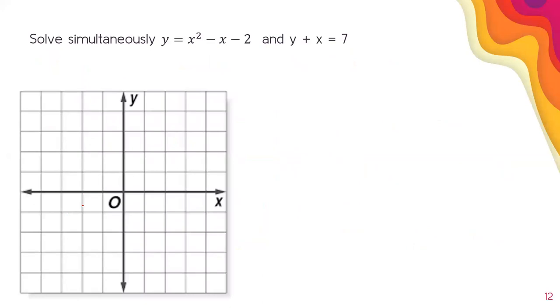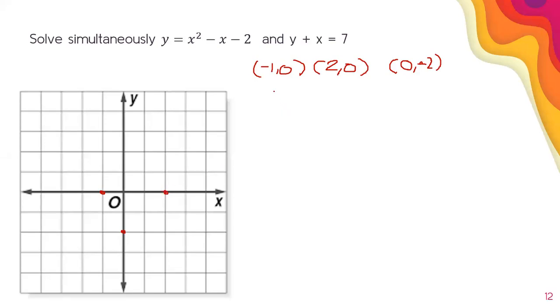Okay. Negative 1 comma 0 here, because this graph intercepts the x-axis at negative 1 comma 0, afterwards 2 comma 0, and 0 comma negative 2 with the y-axis, 0 comma negative 2 here, and 2 comma 0 here.